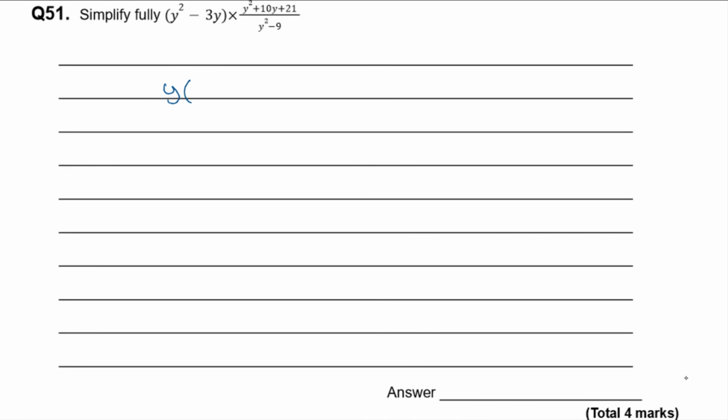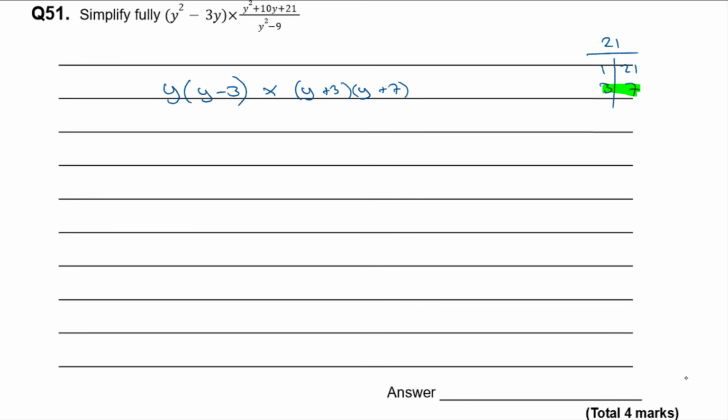So that's going to be y lots of y minus 3. And then I'm multiplying that by, the numerator looks like it should factorize into 2 brackets. If it does, I'm going to get a y and a y. Factor pairs are 21, 1 and 21, 3 and 7. That's about it. Now, which pair gives me 10 in the middle? It's going to be plus 3 plus 7, and it's that pair, isn't it? Okay, so that's going to give me 10 in the middle.